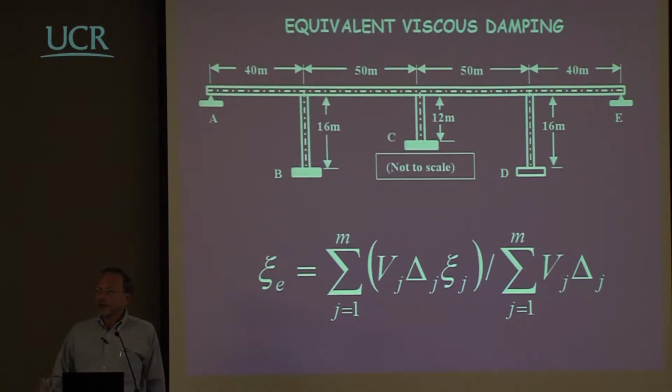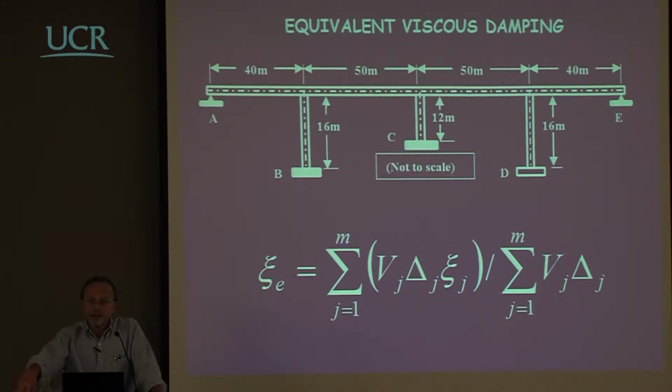So you can find out what the equivalent damping is of a system made by soil, foundation, and pier, just considering this equation and making the global damping equal to the combination of the damping of each one of the elements multiplied by its own displacement, taking the sum and dividing it by the sum of all the element displacements.